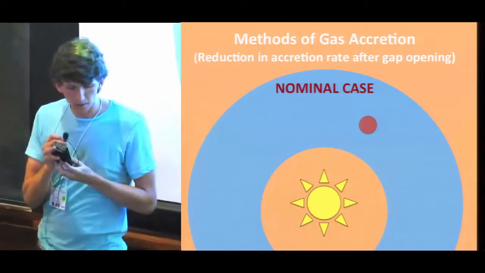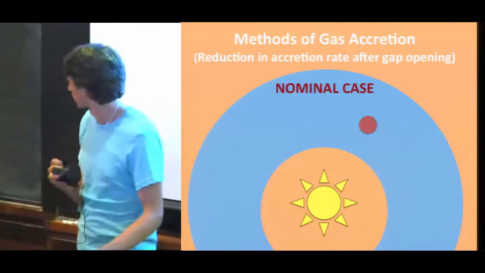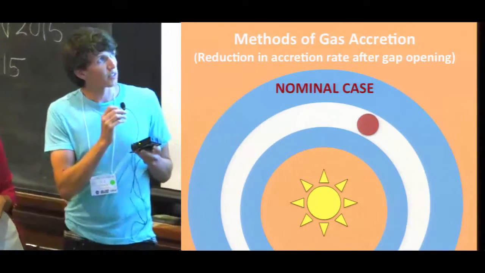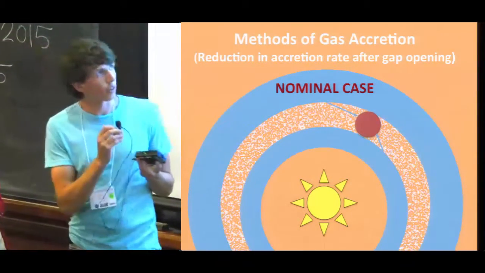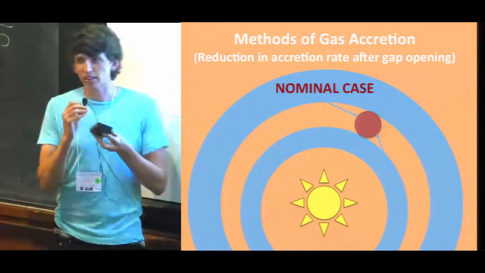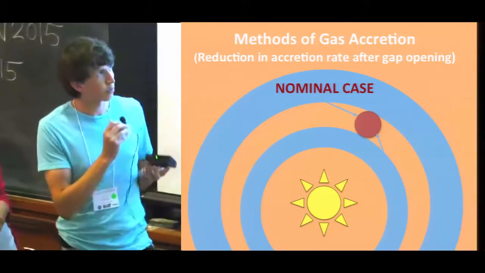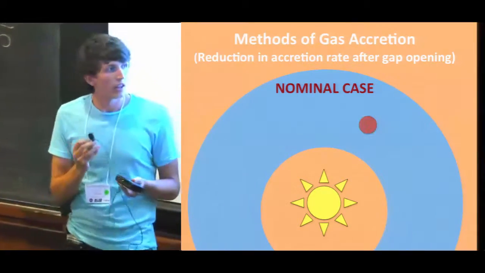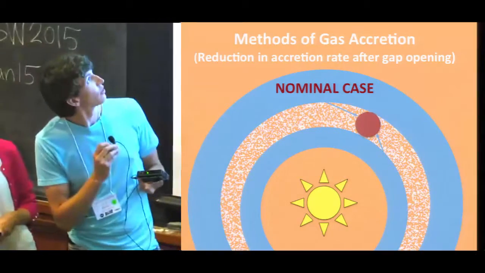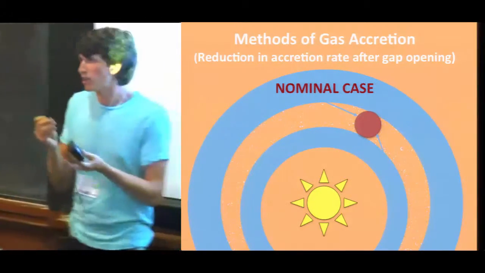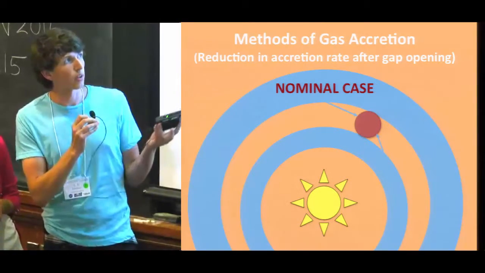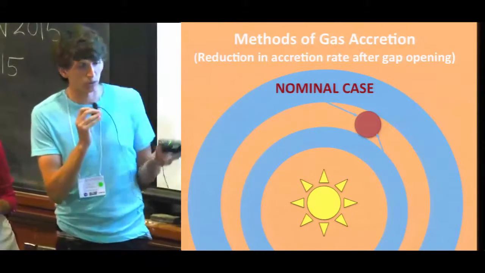So the main idea is as the planet is accreting more and more matter from the disk, when the disk clears, the accretion onto the planet is going to slow down, but the disk is still viscous, so it's going to continue to accrete matter once the gap is formed, but just at a slower rate.